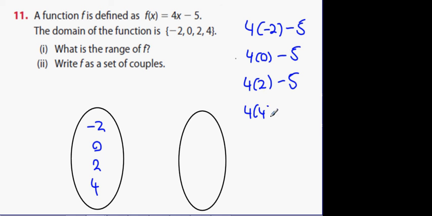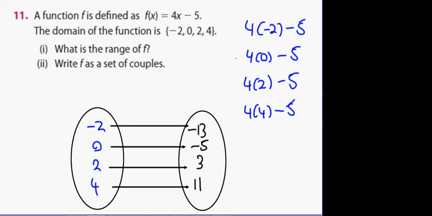Okay, what's the answer to the first one? Minus 13. Next one? After that? 3. And after that? 11. Okay, what is the range of f? Can anybody tell me?